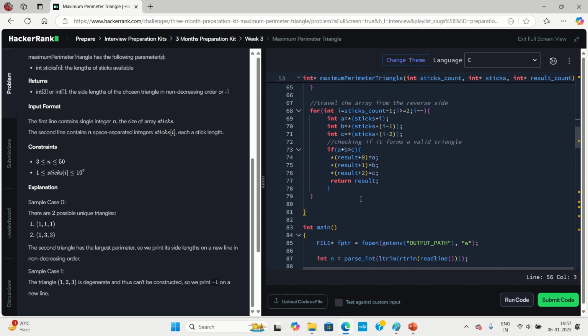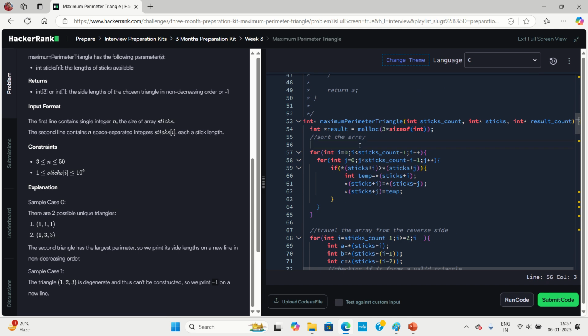So by default, if nothing is true, there should be an array which is holding -1. In the result itself we can initialize all the values with -1, say result of 0 is equal to -1.